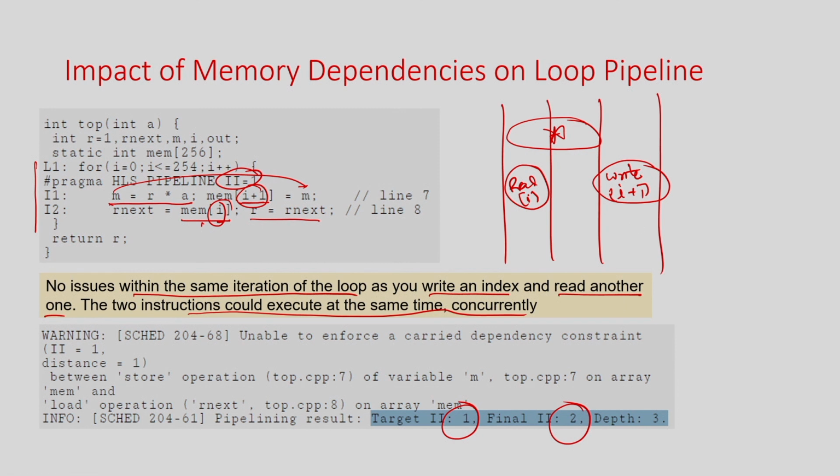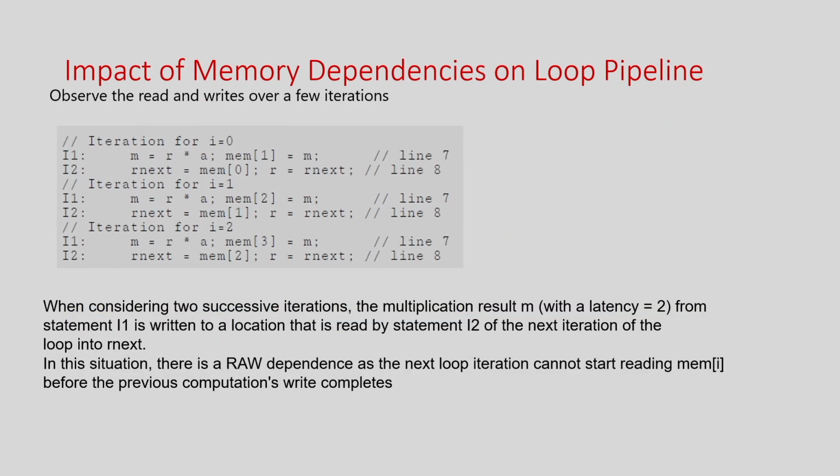Now, think about the loop carried dependencies. Let us try to understand that. In iteration I equal to 0, I am writing to memory location 1 and reading from memory 0, which is fine, there are two different locations. But in I equal to 1, I am writing to memory location 2 and reading from 1, and what is this 1? It was written in the previous iteration.